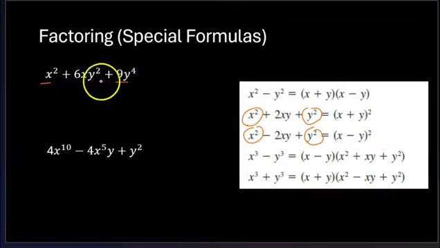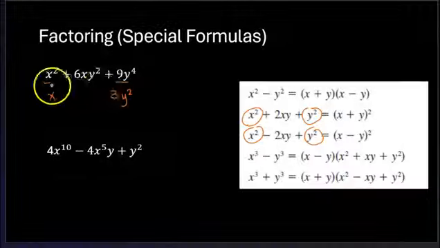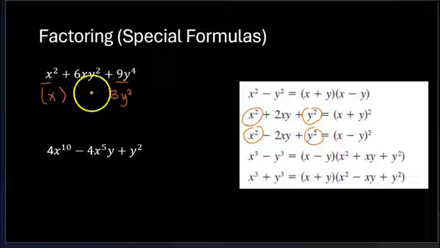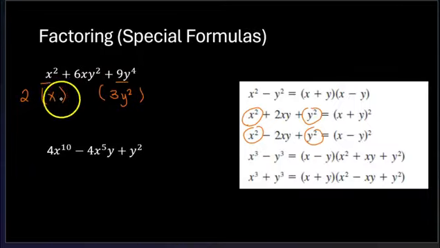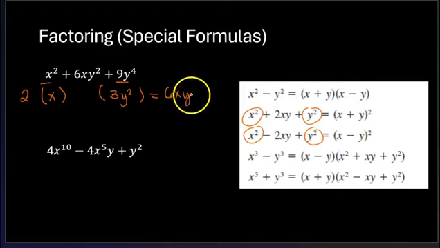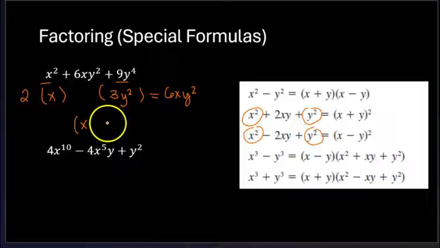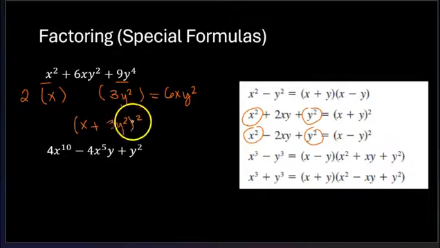Let's take the square root of this, x, and then for this one, the square root is 3y squared. After I take the square root, I multiply these to check if the middle term would be the product of this times 2. So what is the middle term here? 6, 2 times 3, xy squared. That's correct. That means I can factor that as a square of this binomial.